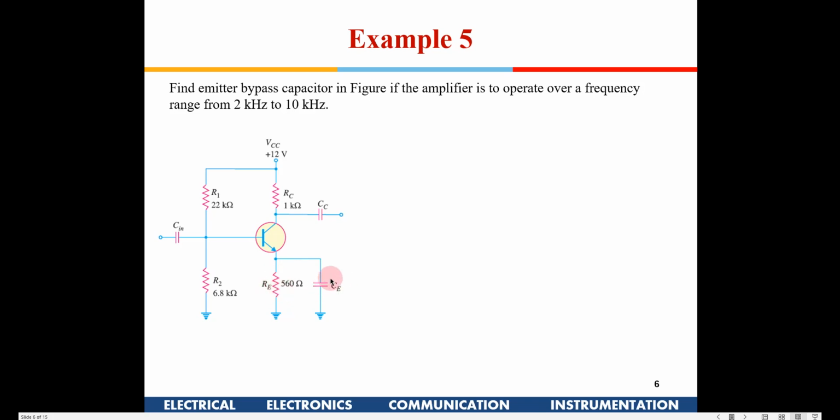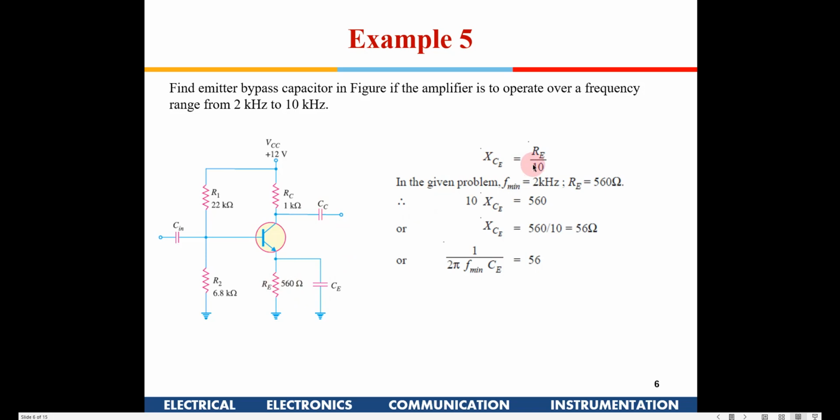So generally what we do is we keep the impedance of the capacitance at the required frequency at least 10 times lower than RE, so that we can assume that RE is getting bypassed at the desired frequency. So if you see here, we compute XE as RE divided by 10. Okay, so we get a value of XE as 56 ohms.